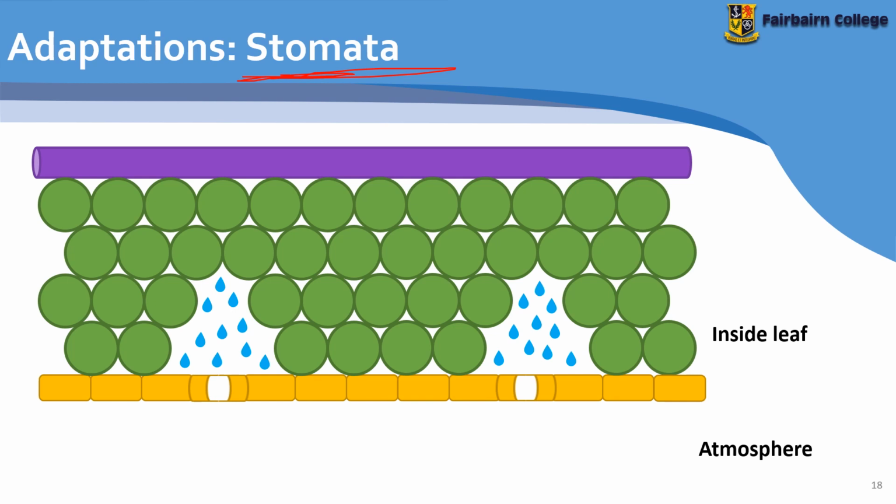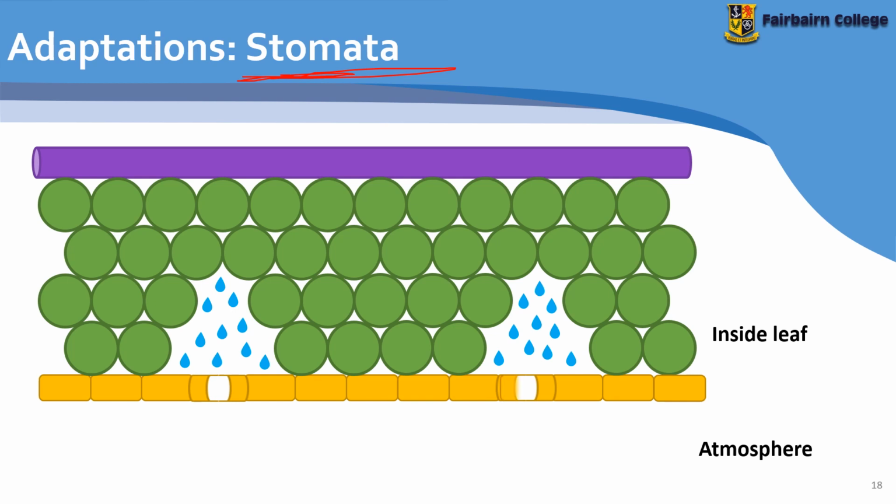So they need to open during the hottest part of the day. But some plants in the desert are adapted to close during that time. So they have a bit of a different way of functioning, and there's a lot of interesting biochemistry involved there that we're not going to get into, but this is an adaptation of some plants to close their stomata during the hottest part of the day.